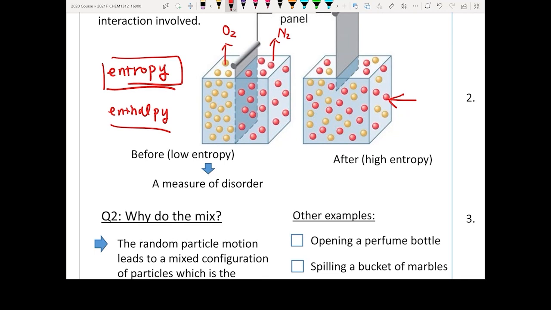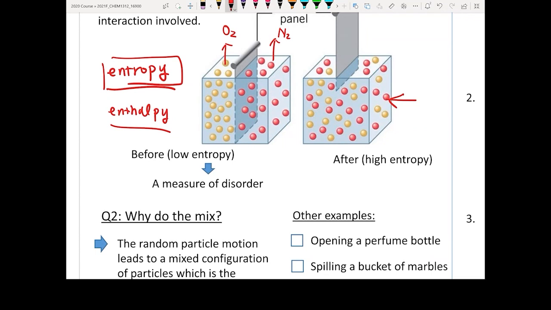Let me give you an example. Think about your room. In order to keep your room nice and clean, you need to put in a lot of effort to arrange all the items. In that case, the entropy is minimized, but it requires a lot of effort to achieve.